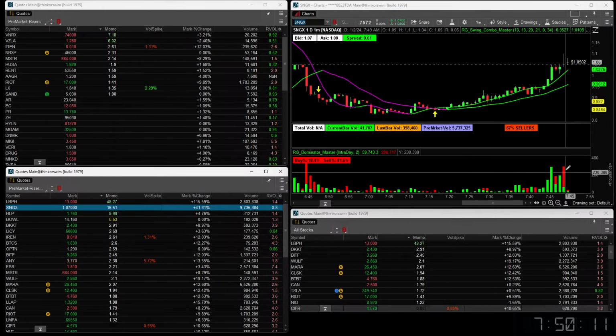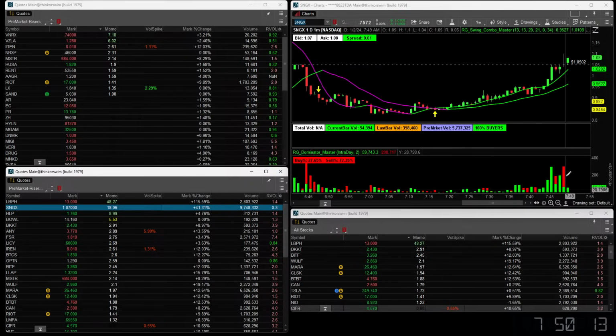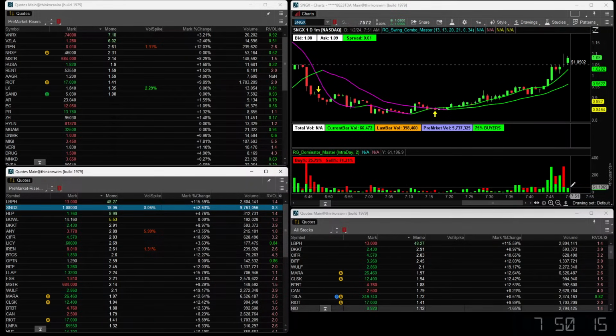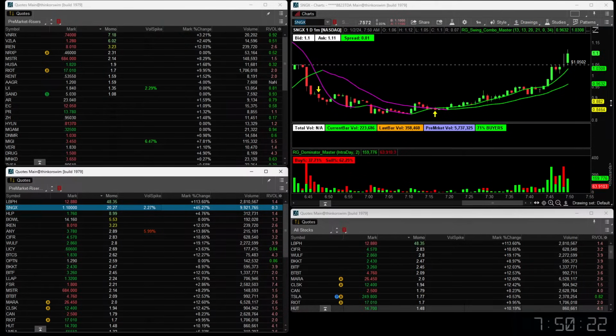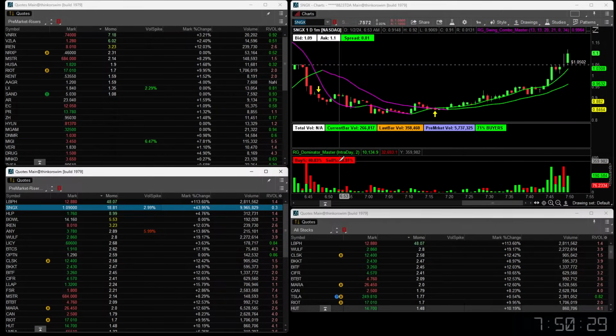You can see all them sellers right here in this bar. Now we need a big green one. So the average between these two bars is still negative.